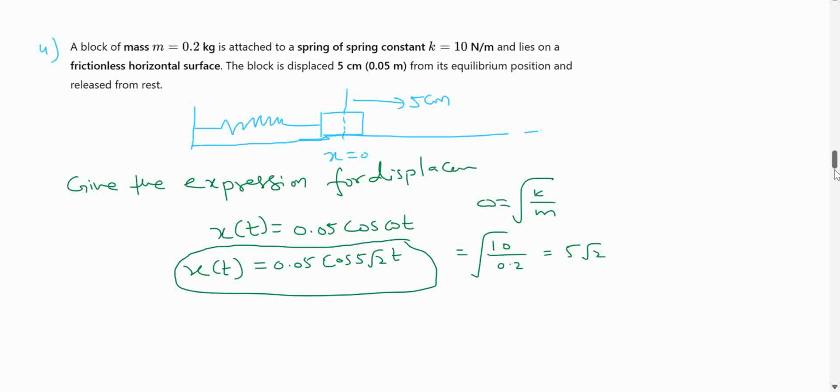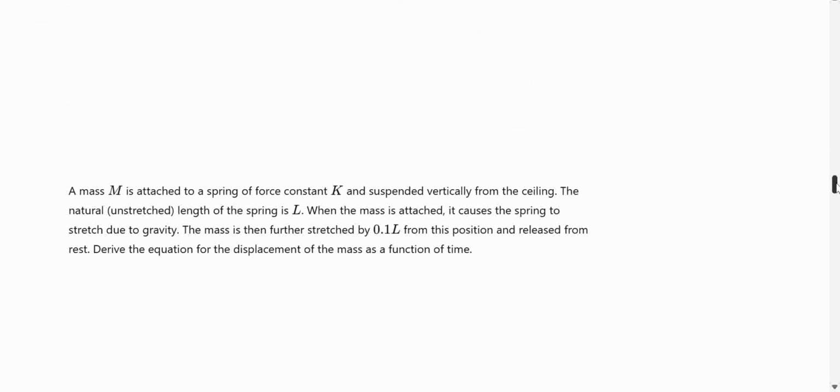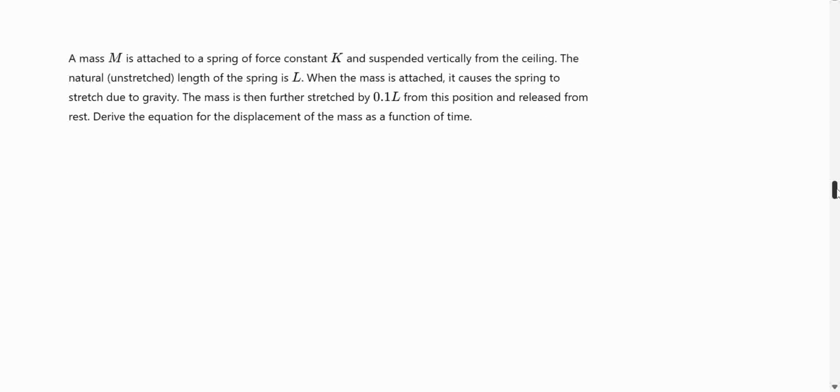Now let me go to another question. This is the fifth question. A mass m is attached to a spring of force constant k and suspended vertically from the ceiling.